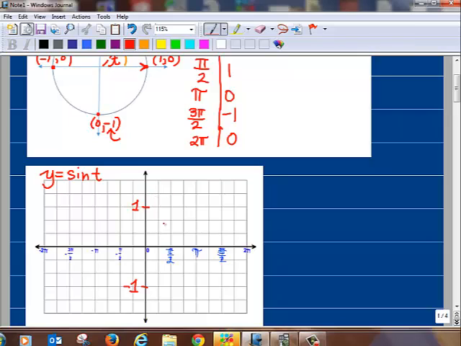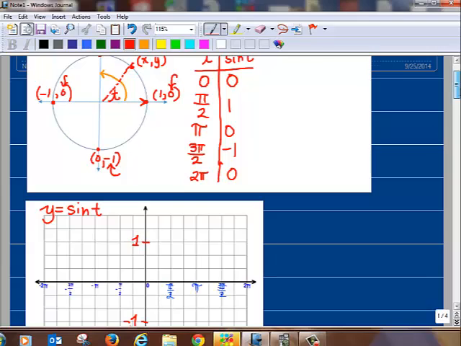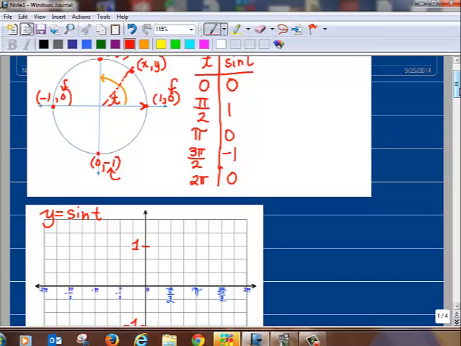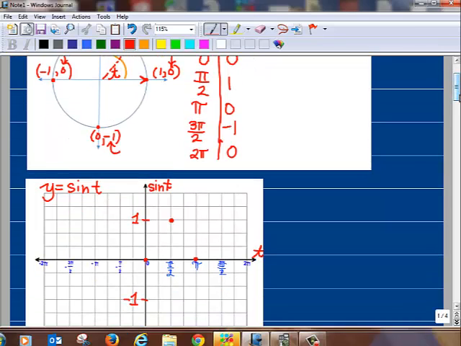Looking at my table of values, let's be clear: this is my t-axis, and this is the sine of t. When t is 0, sine is 0, so here's the point 0, 0. When t is pi over 2, the sine is 1. When t is pi, the sine is 0. When t is 3 pi over 2, the sine value is negative 1.